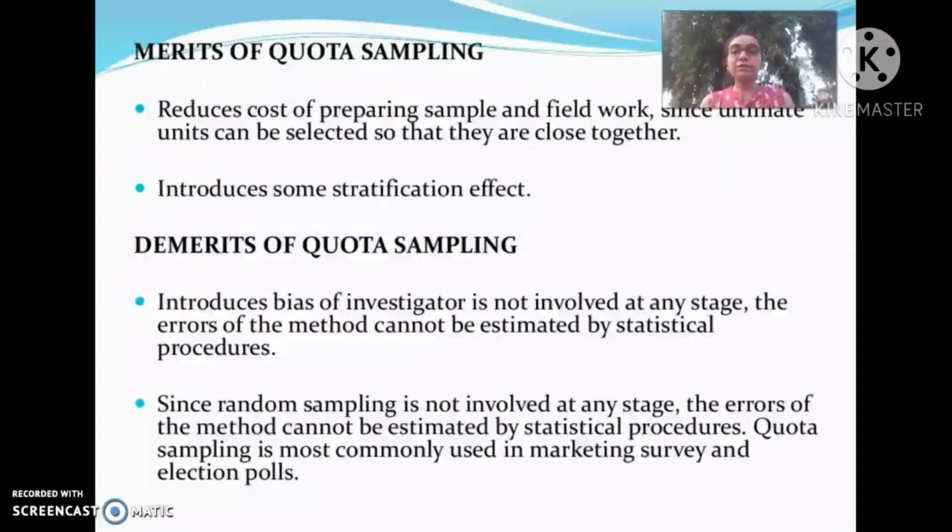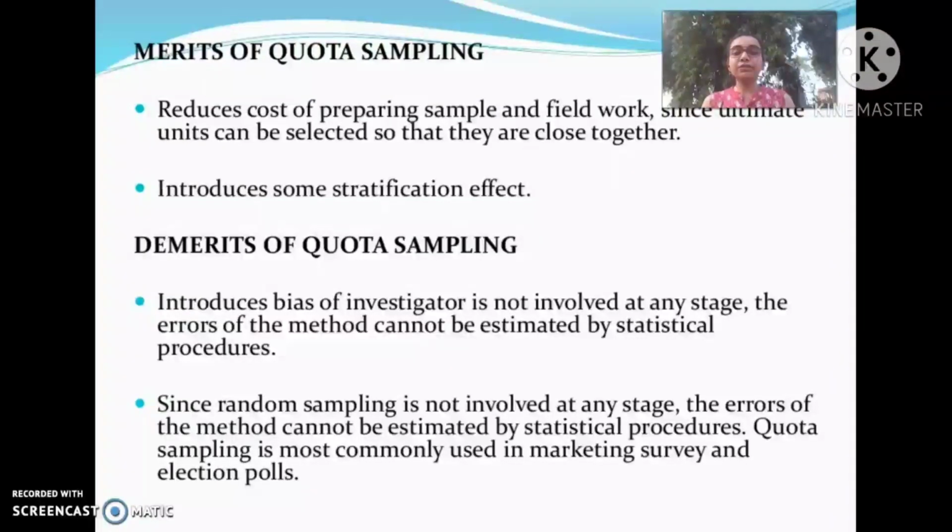It reduces the cost of preparing the sample and fieldwork, since ultimate units can be selected so that they are close together. It introduces some stratification effect, as we have just seen in the stratified random sampling method of probability sampling methods. But there are demerits of quota sampling too. It introduces bias if the investigator is not involved at any stage.